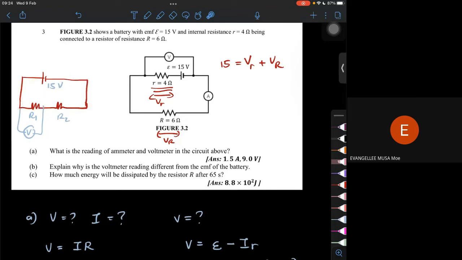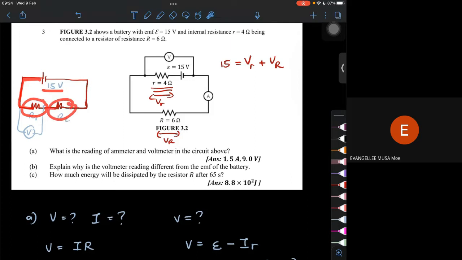So every time battery dia supply the voltage across the circuit, bila dia sampai dekat sini, so basically this one is just analogy lah. So 15 volt ni dia bawa lah kan, dia jalan, and then bila dia sampai dekat resistor 1, maksudnya dia bagi sedikit value of that 15 volt, and then dia jalan lagi, lepas tu dia bagi lagi.